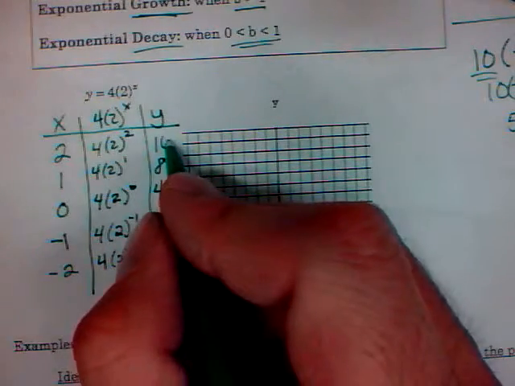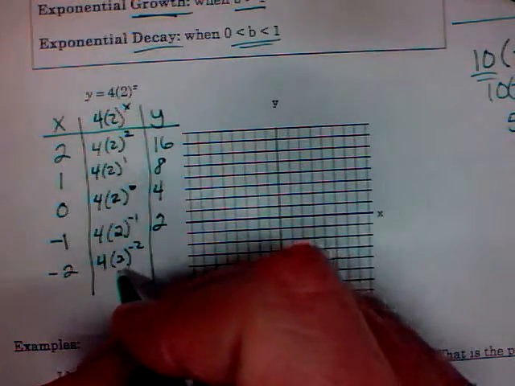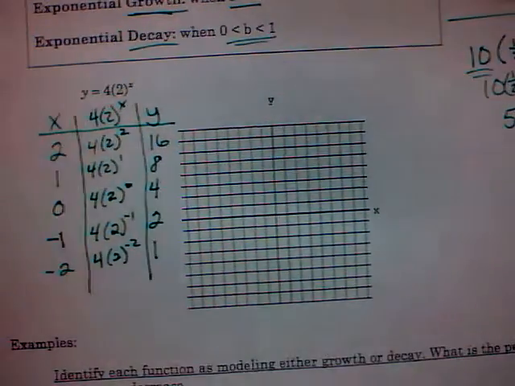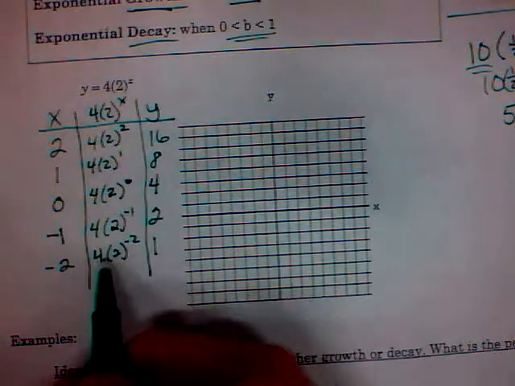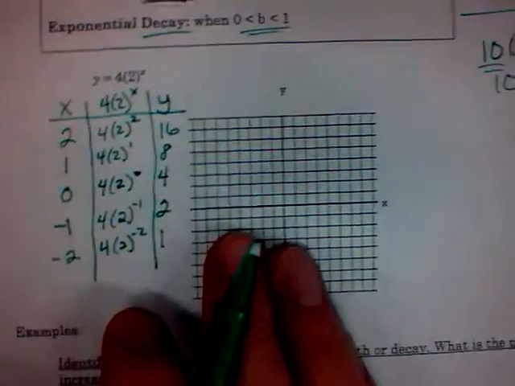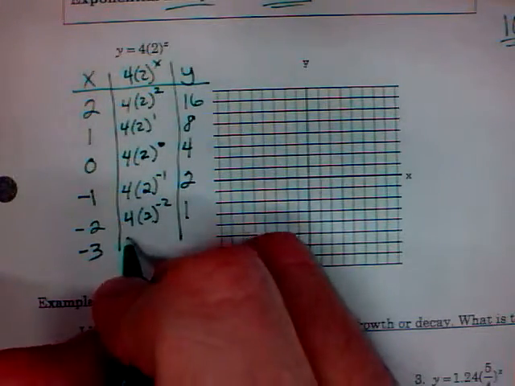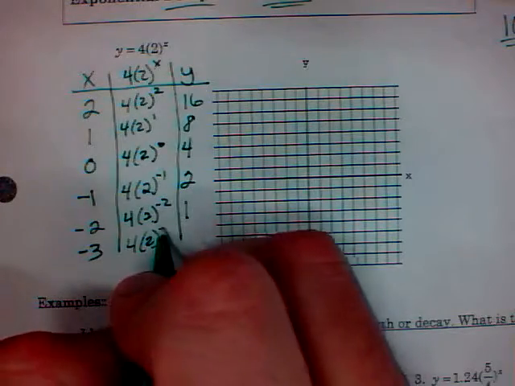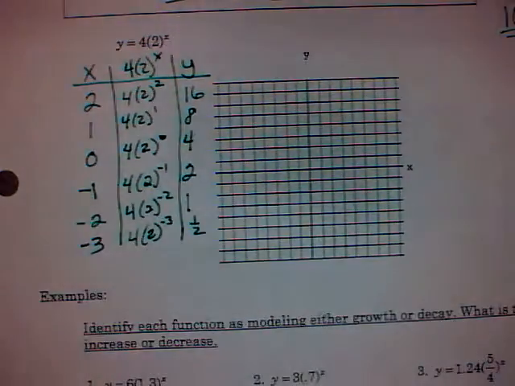So it looks like we take half of 16 to get 8, half of 8 to get 4, half of 4 to get 2. So that means this must turn into 1, because 2 to the negative second power is 1/4. 1/4 of 4 gets you 1. And then if this is negative 3, this would be 4 times 2 to the negative third power, so that's going to turn into a half.